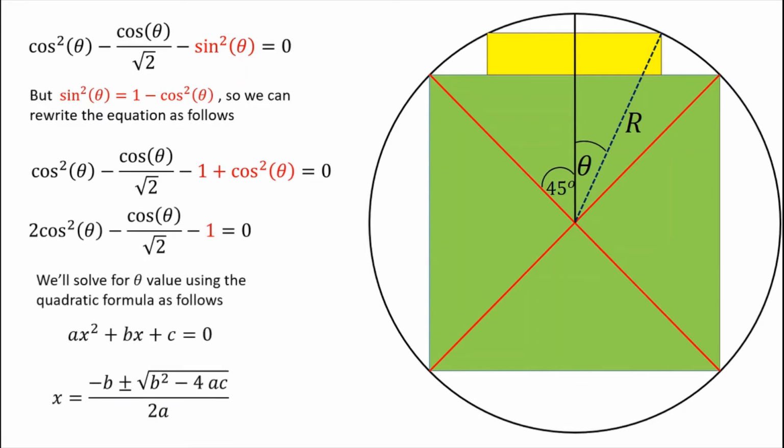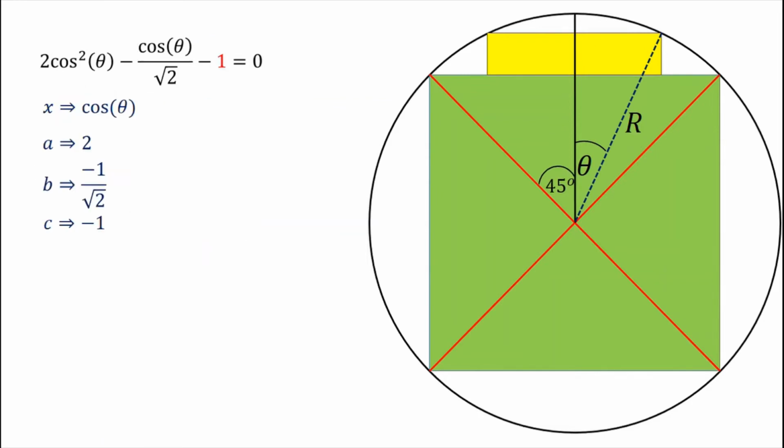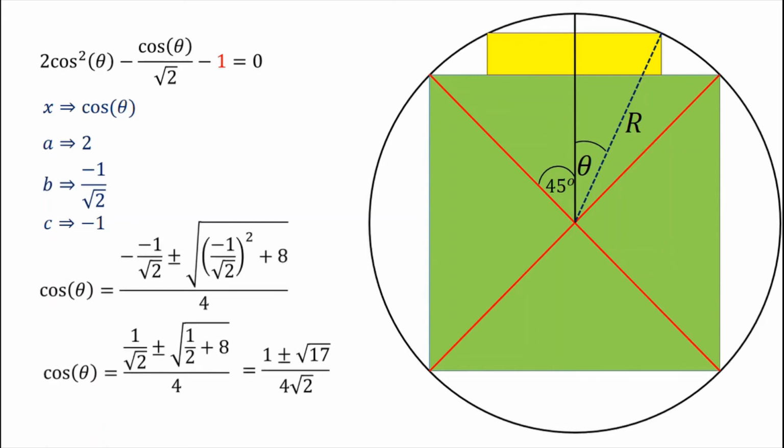The squared cosine coefficient equals 2, the cosine coefficient equals -1 divided by square root of 2, and the free term c equals -1. From the geometry you should note that theta lies between -45 degrees and +45 degrees, so the negative sign before the root is rejected since it leads to out of range values.